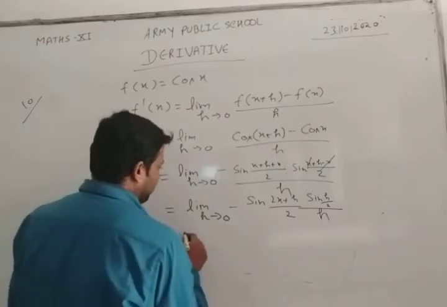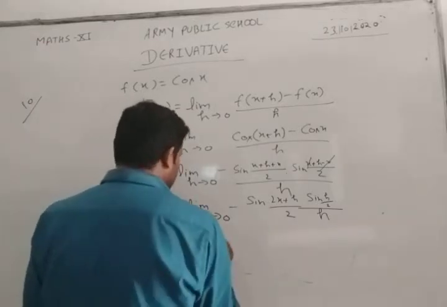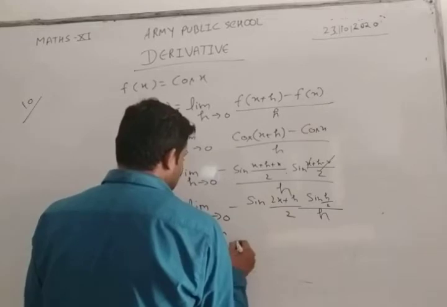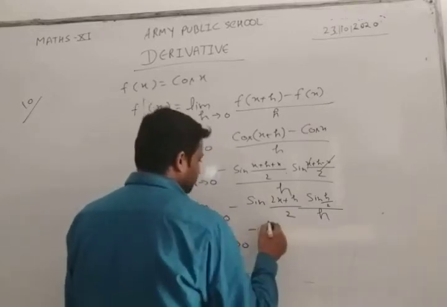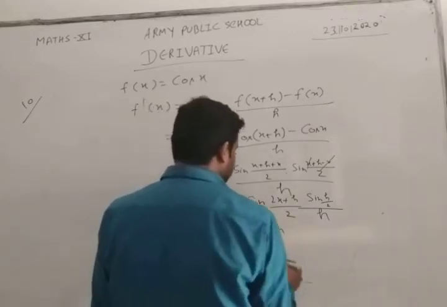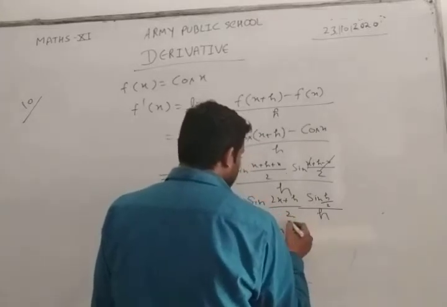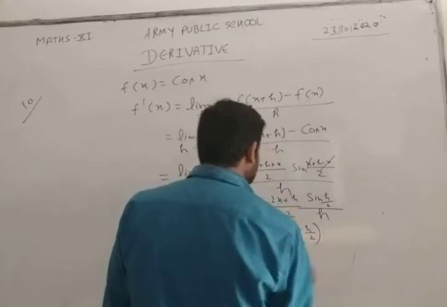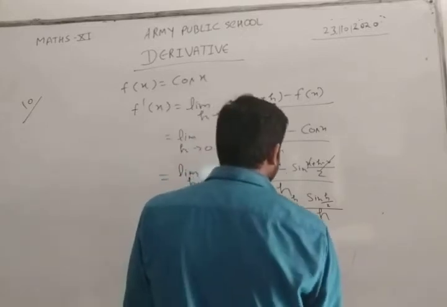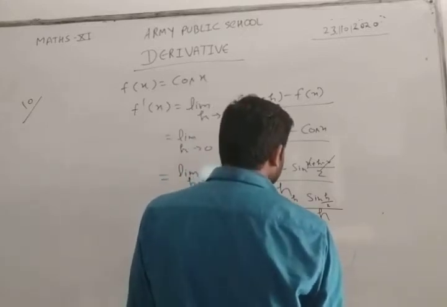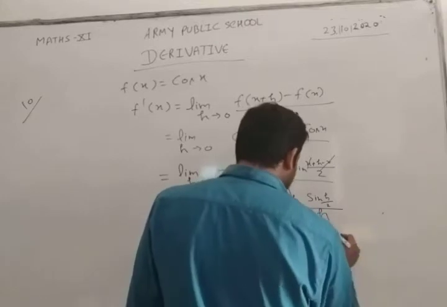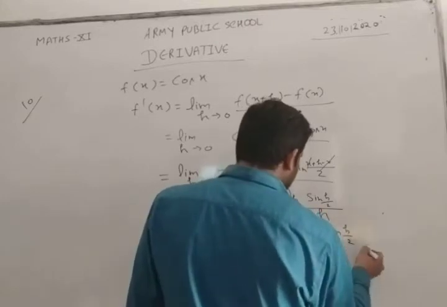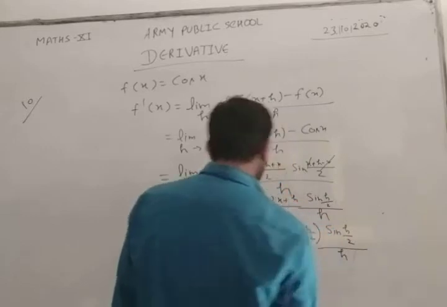Now we write limit h tends to 0, minus sin (x+h)/2 into sin h/2 by h.